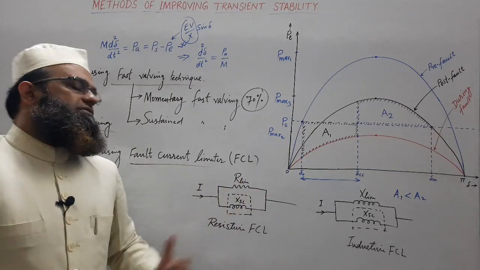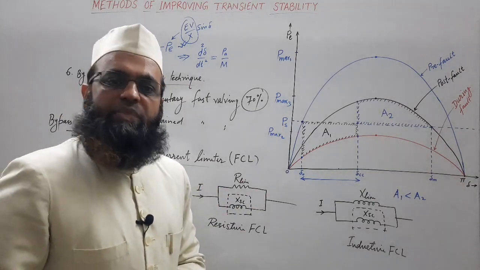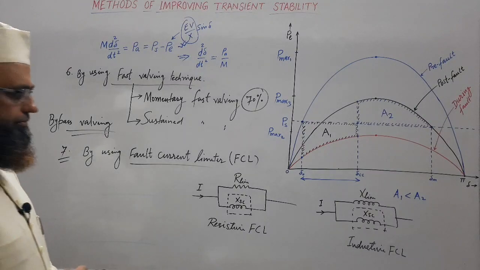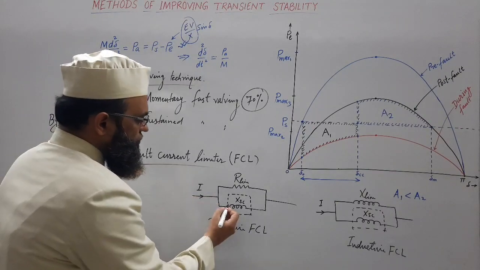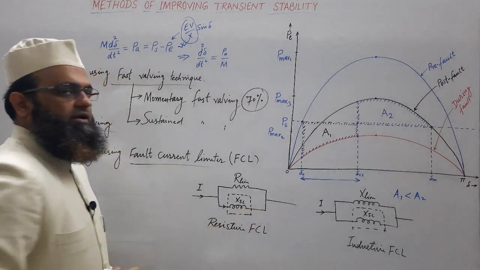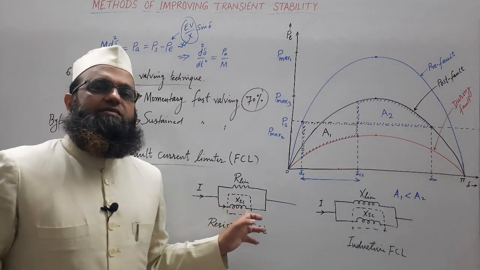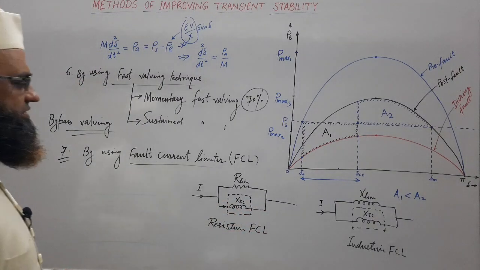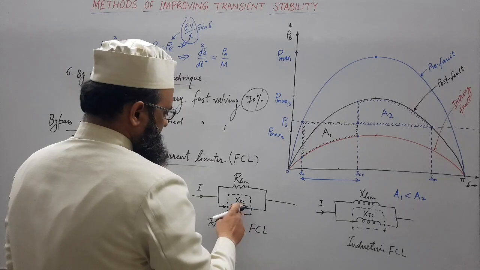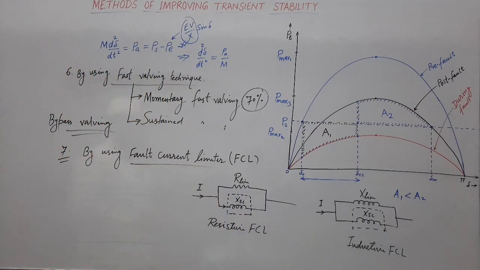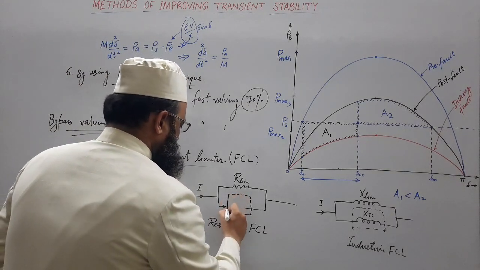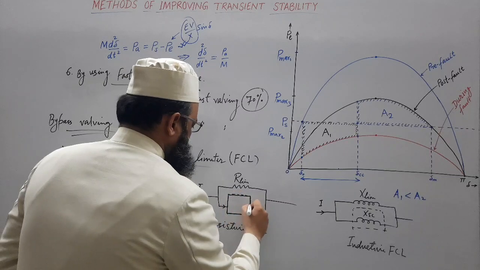These fault current limiters are connected in series with the line. So this is the series current. In normal operating condition, this whole current flows through this superconductor, having zero resistance. You may represent this as you wish, or directly write superconductor and represent it by this.